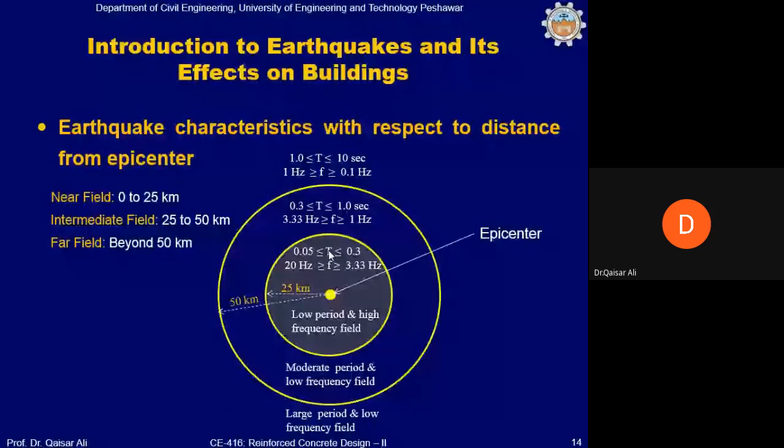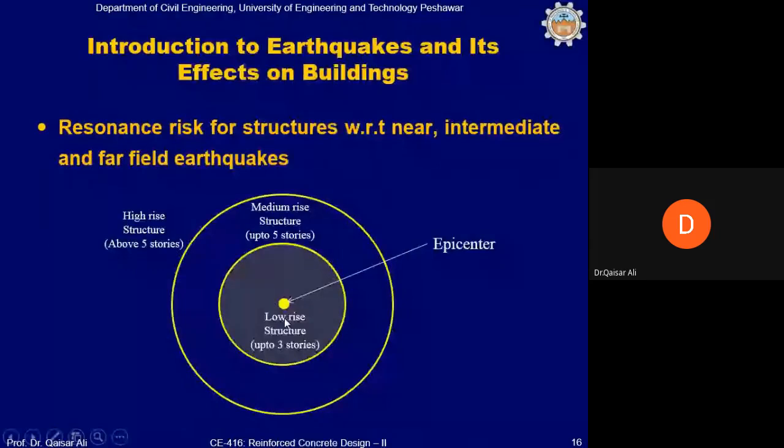So when the earthquake wave time period is 0.2 seconds, which is within this range, and the structural time period is also 0.2 seconds for a 2-story structure, then the possibility of resonance is very, very high. Resonance can occur very easily in the near field for low-rise structures up to 3 stories because the maximum time period, shown in slide number 14, is 0.3 seconds.